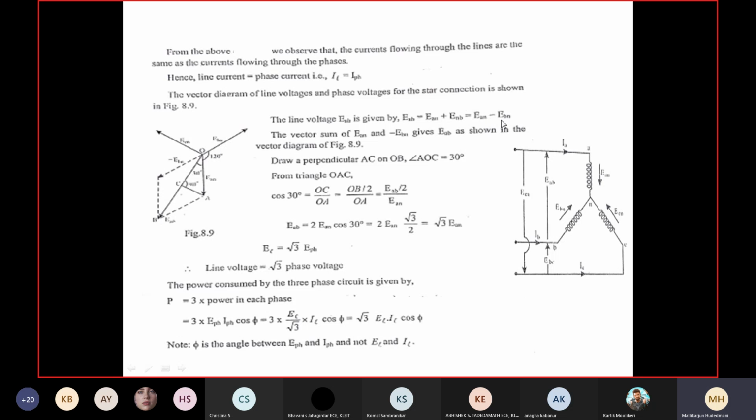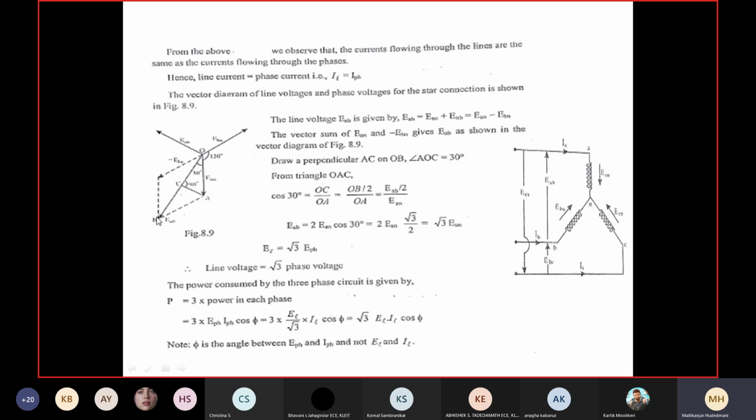So minus EBN means reproduce that backward, put it dotted backward. Can you see here? Then take the vectorial addition of vector EAN with the vector EBN reproduced backward. If I make the resultant of these two vectors, I get a resultant point like this, diagonal.